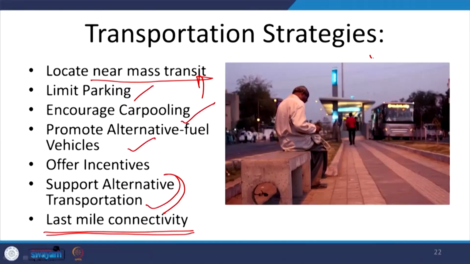So, you hire a bicycle and you move from one place to other where you are able to commute using public transportation, and only the last mile connectivity problem is resolved. So, transportation strategies are a very important area of concern when we are talking about sustainable site development.